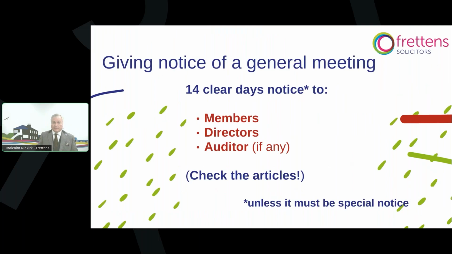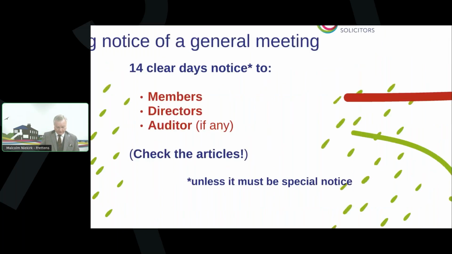The members are entitled to 14 clear days notice of a general meeting, and the notice should also go to the directors, and if the company has an auditor, to them as well. Remember, there's a few resolutions that need special notice, 28 days, and you should check the articles of the company just to see if there are any particular additional requirements about giving notice.